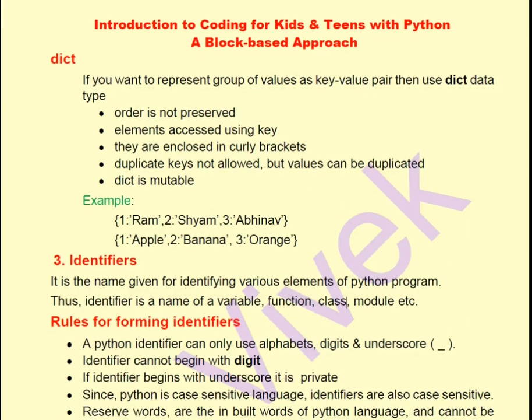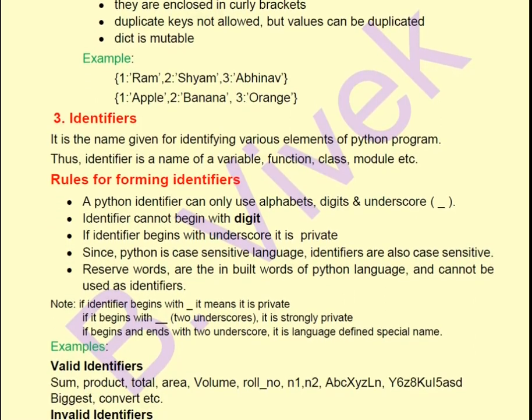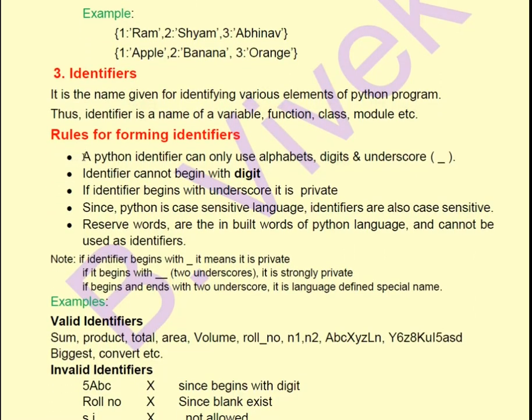Here are certain rules for forming identifier names. 1. A Python identifier can only use alphabets, digits, and underscore. Identifier cannot begin with a digit. If an identifier begins with an underscore, it is private.